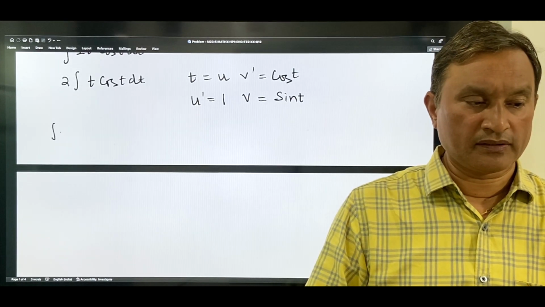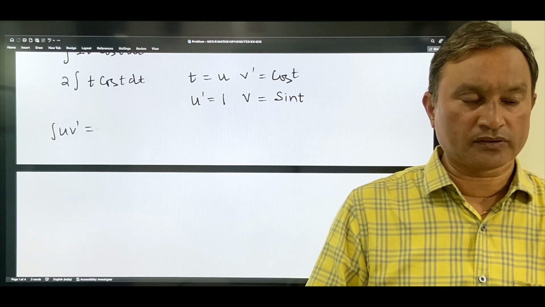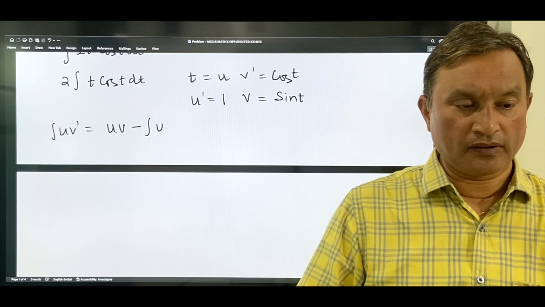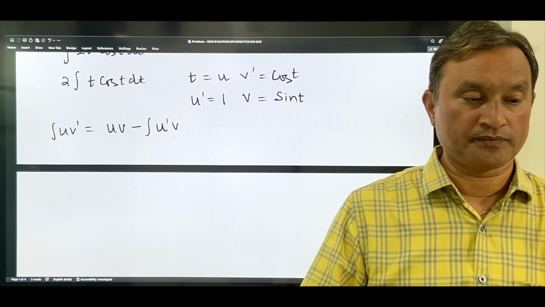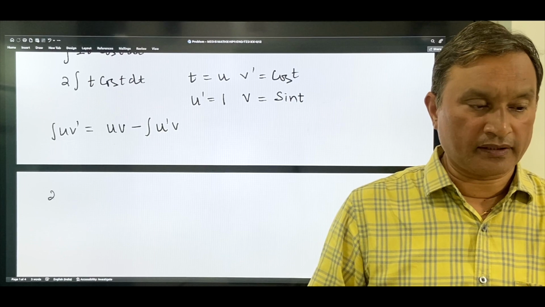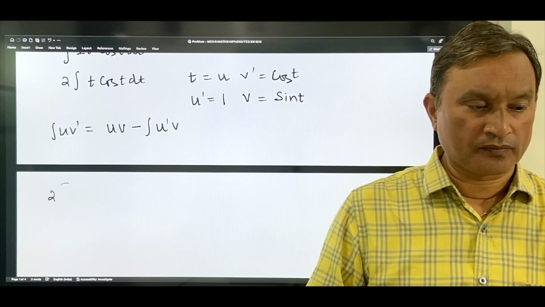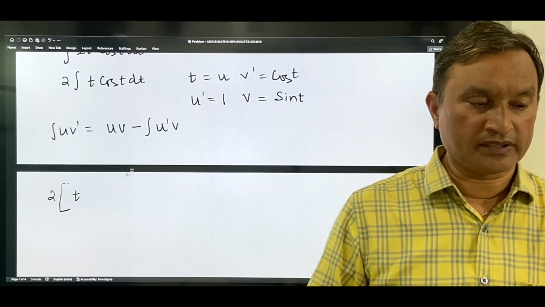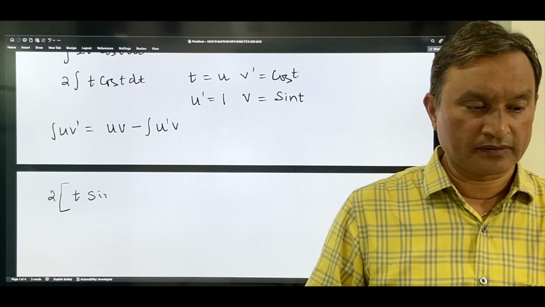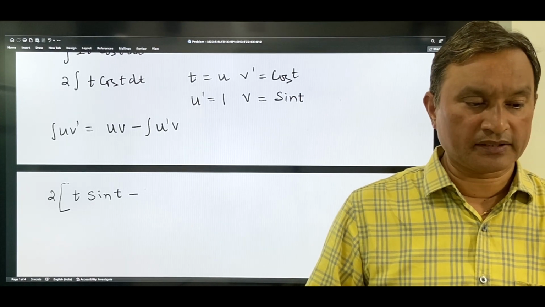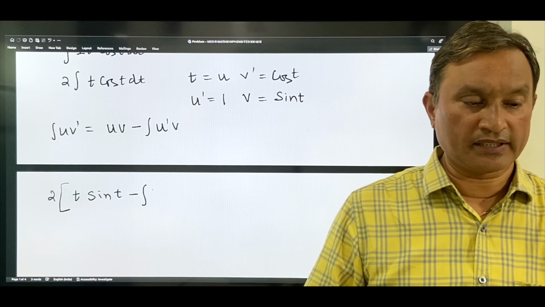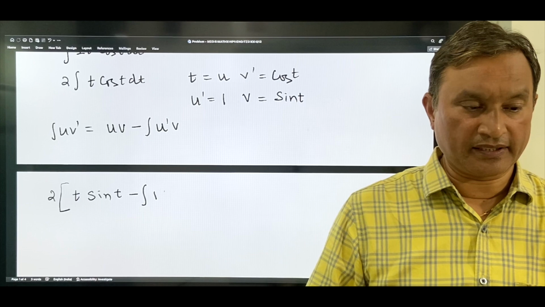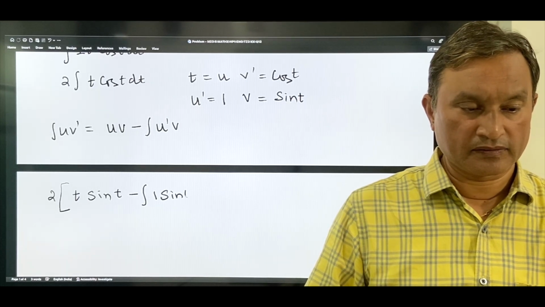We know the formula: the integral of u v dash equals uv minus the integral of u dash v. So we will write here 2 times, u value here is t and v value is sin t, minus the integral of u dash which is 1 and v which is sin t.